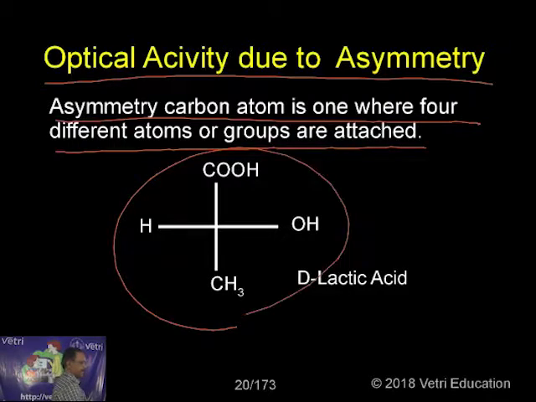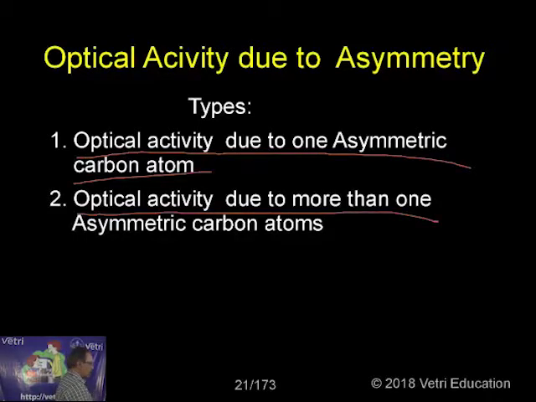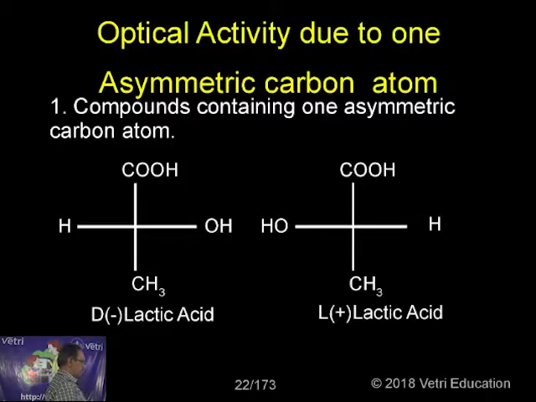Suppose you take D-lactic acid, and you follow the old convention. I am using this because D means OH on the right hand side. Now, four different groups. So I can say optical activity is due to one asymmetric carbon, or optical activity due to more than one asymmetric carbon. I have to first find out. If it is one asymmetric carbon, a specific example being lactic acid, I can get a mirror image. This is D-lactic acid, this is L-lactic acid.